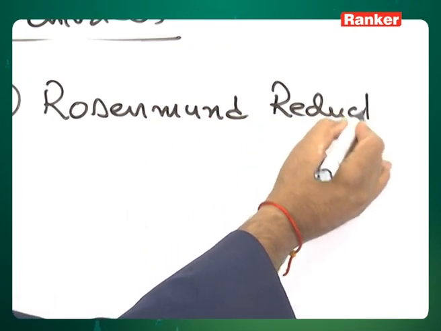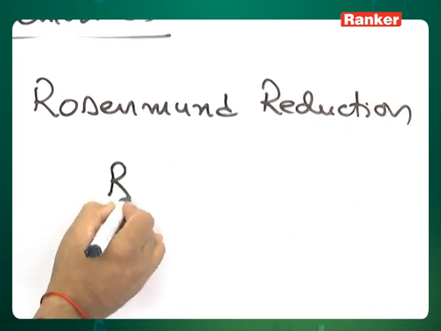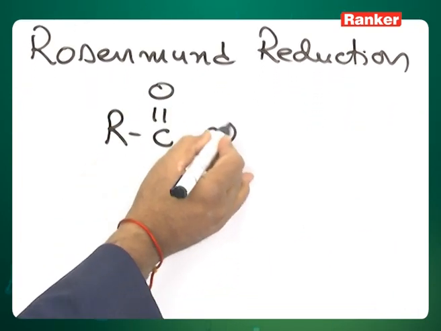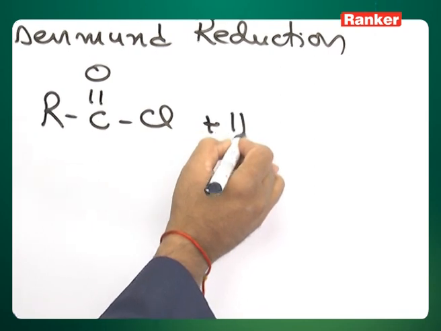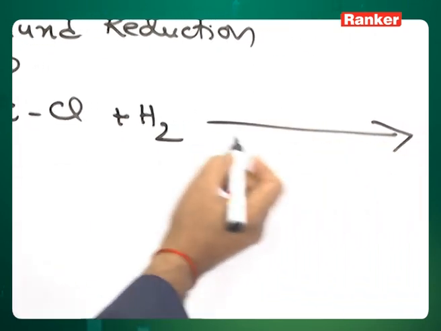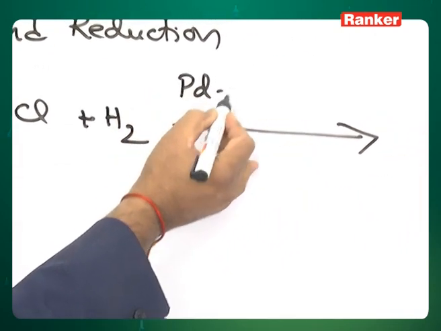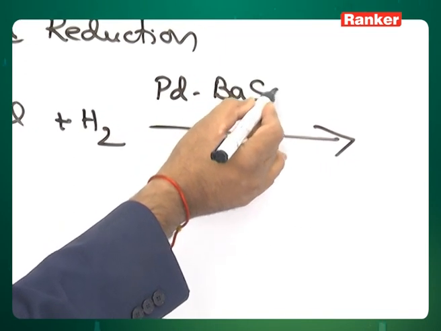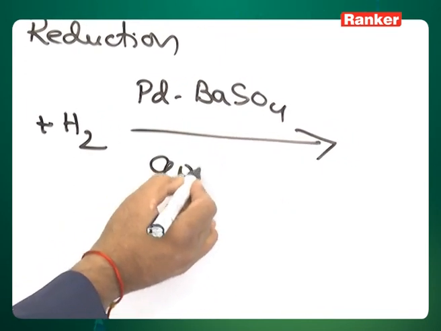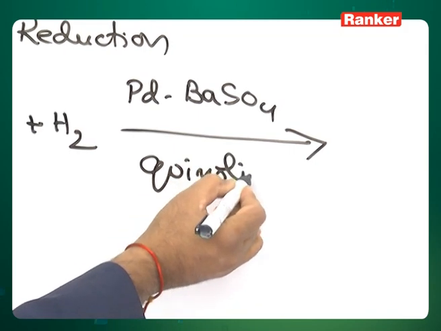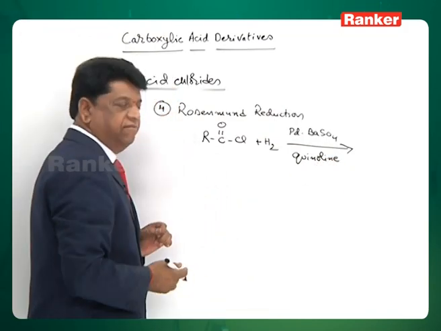Rosenmund reduction. This is acid chlorides reacting with hydrogen gas in presence of a specific catalyst like palladium supported on barium sulfate in presence of quinoline, in an organic solvent.